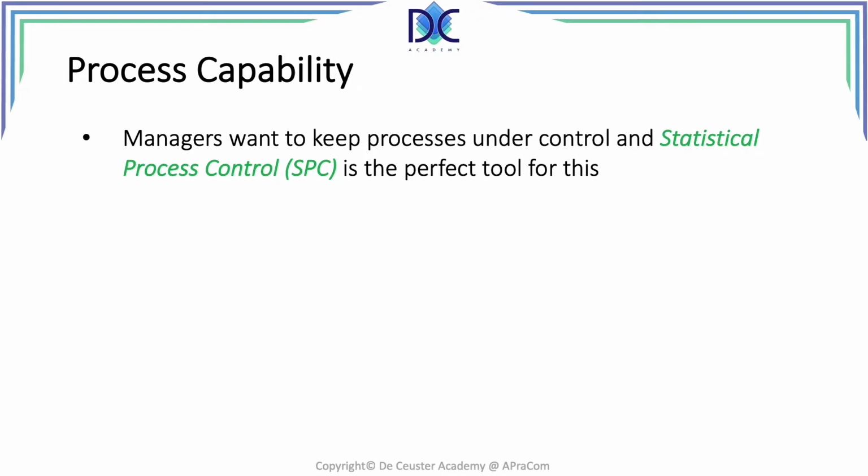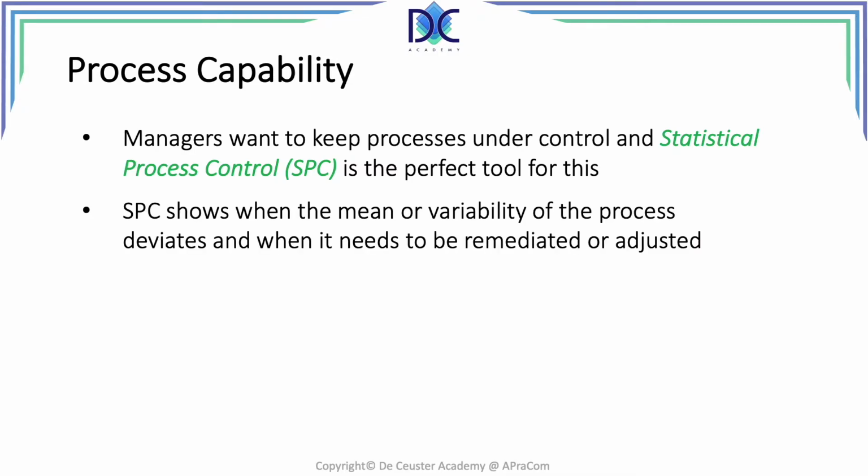Now, the processes have to be kept under control using statistical process control, or SPC, and it's the perfect tool for it. When we consider the SPCs and the control charts, we can see what's happening with the mean or the variability of the process, or when it deviates, and we can identify when we have to remediate the process, adjust the parameters or conduct some repairs.